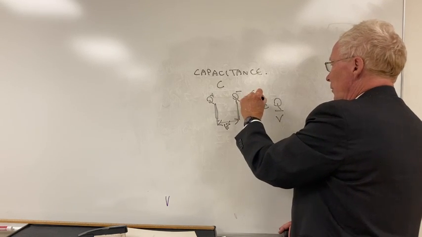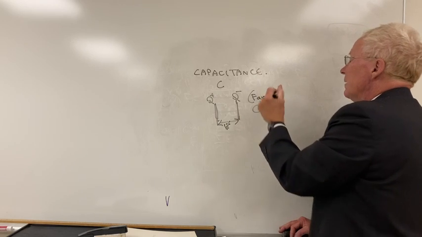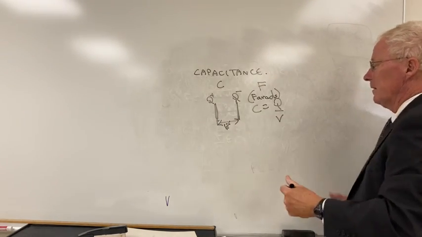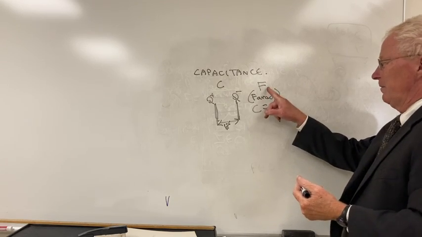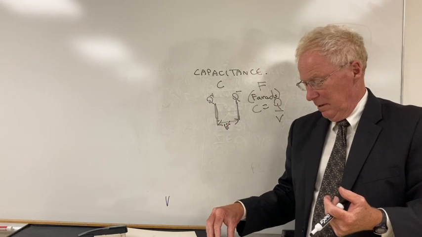So this is in units of what we call farads, or capital F. So units of capacitance are in farads. So we have a capacitor, a battery is a capacitor, and so on.